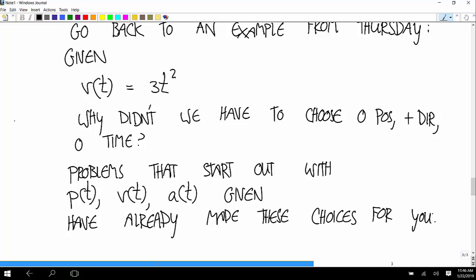So you need to make those choices of the zero position, the positive direction, and the zero time only in the step where you're taking a description of a motion in the world and putting it for the first time into math equations, into variable values.